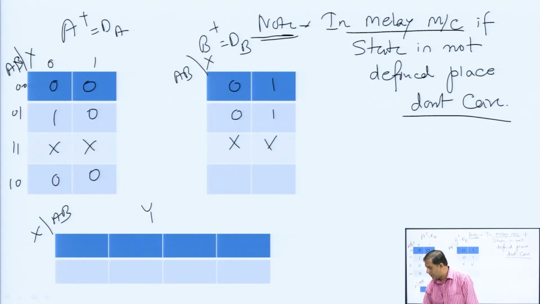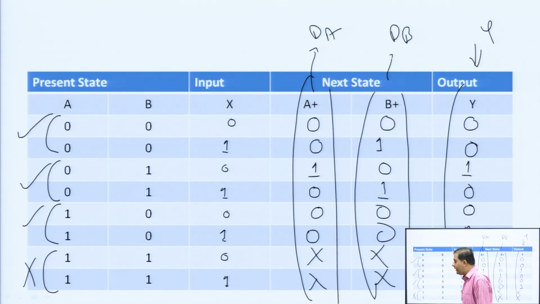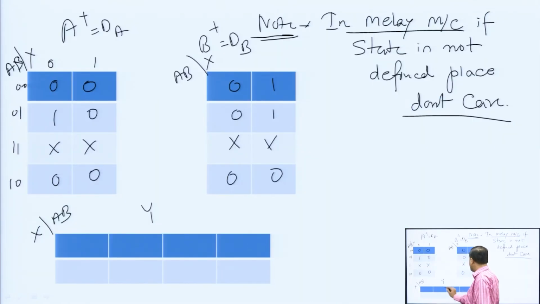And for Y it will be written as 0 0 1 0 0 1 cross cross. So, it will be like this: 0 1 cross 0 0 0 cross 1, 0 0 cross 1.